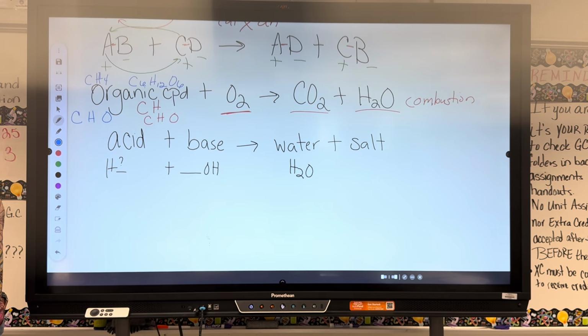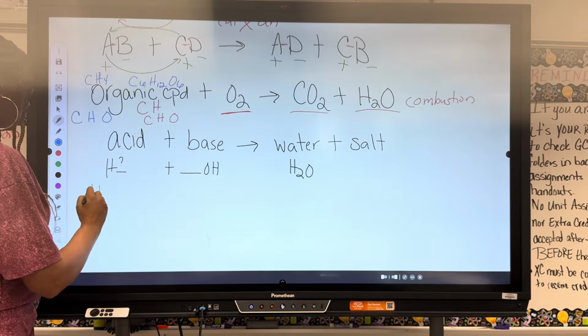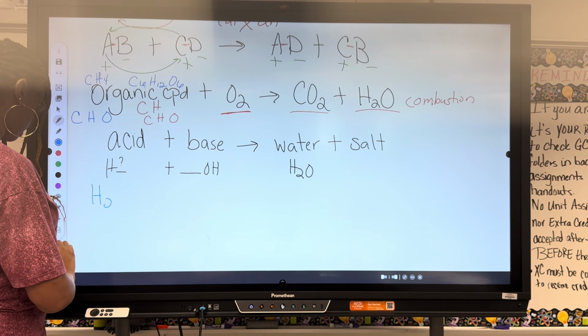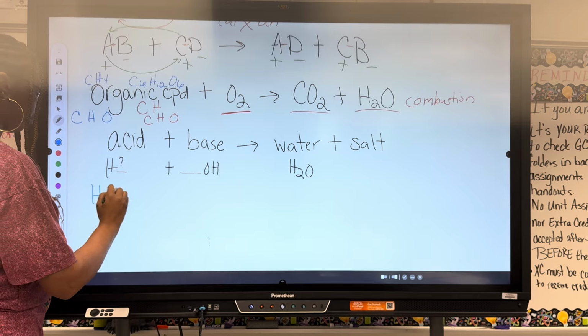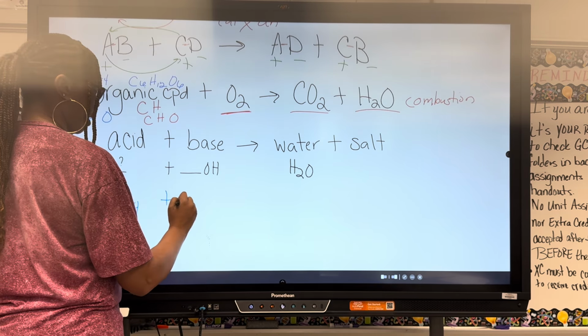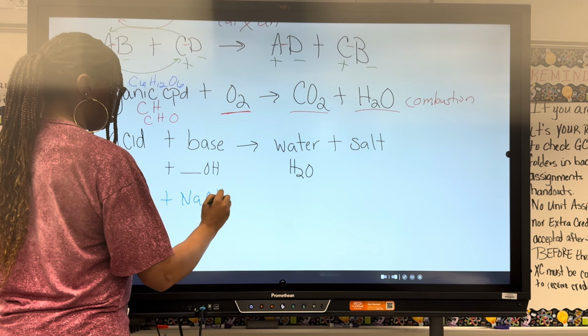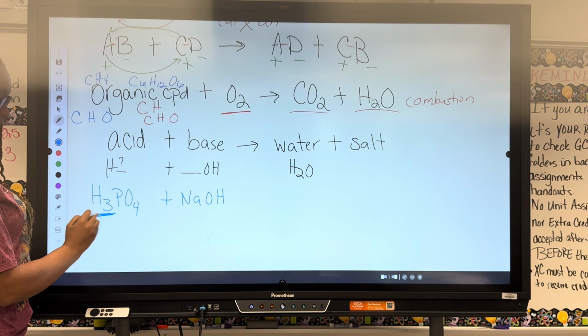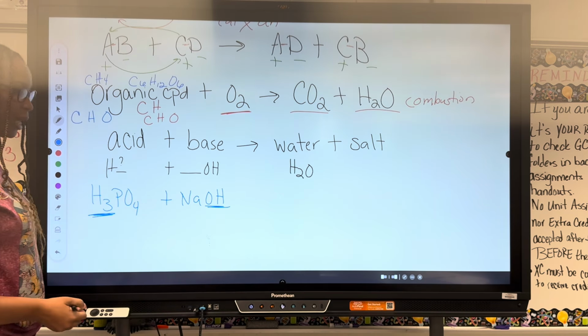The next one is an acid-base neutralization, and this is a special type of double displacement reaction where one of your reactants is an acid, the other one is a base. So if I had something like, for instance, phosphoric acid reacting with sodium hydroxide. I have an acid, which starts with the hydrogen, and a base has the hydroxide.